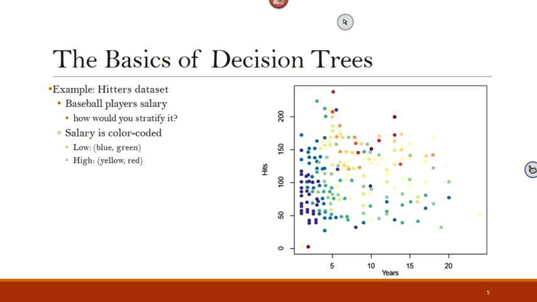The variable which has a strong correlation or strong relationship with the outcome salary. How would you determine that? If you plot your predictor versus the response variable and see if they have a very linear relationship. Tree-based methods don't work this way.